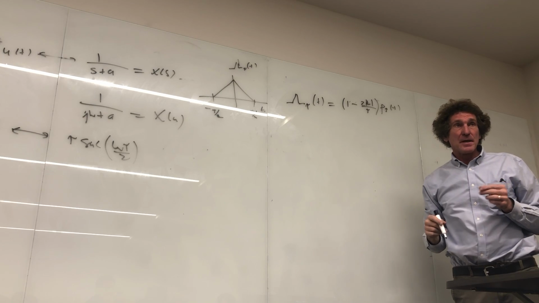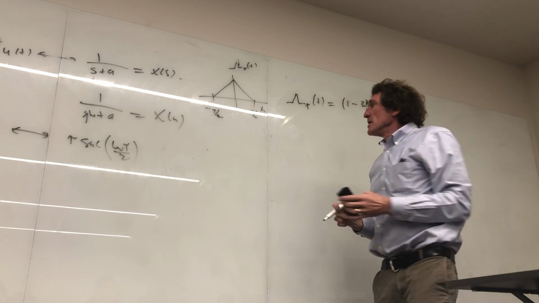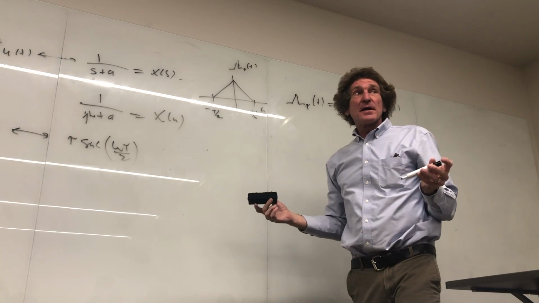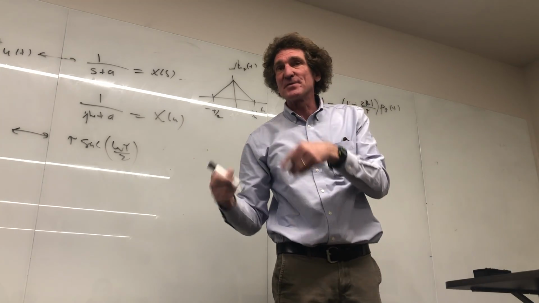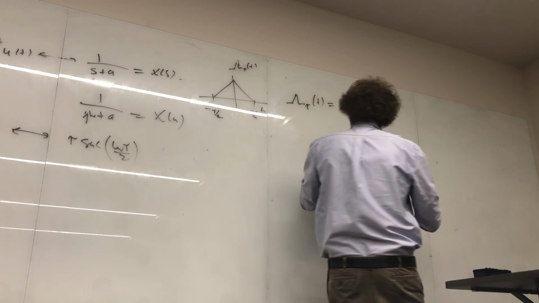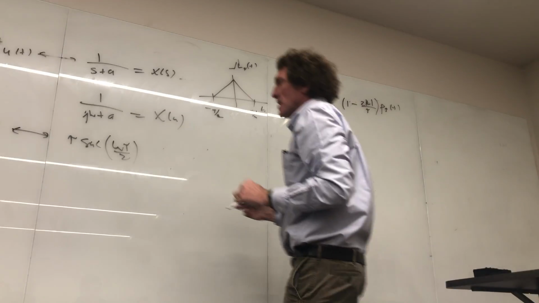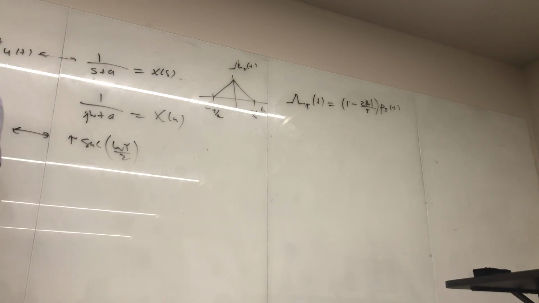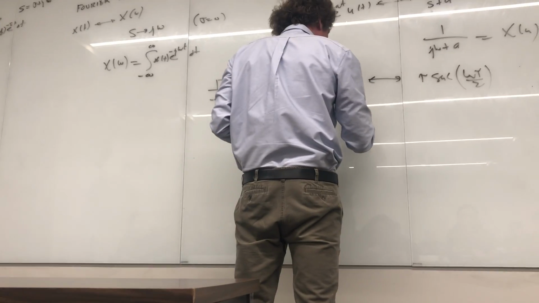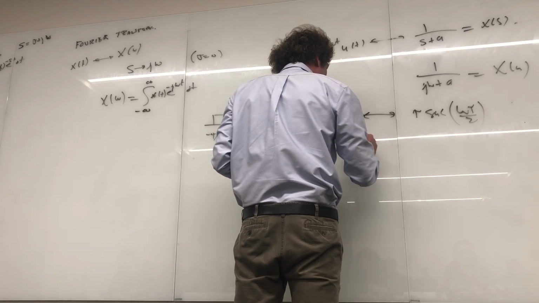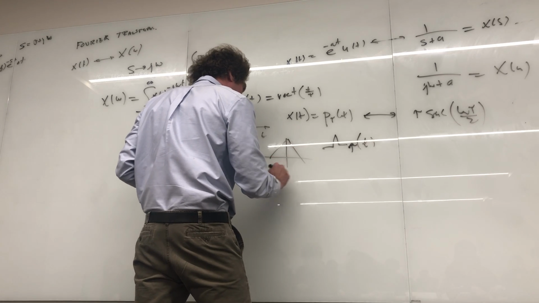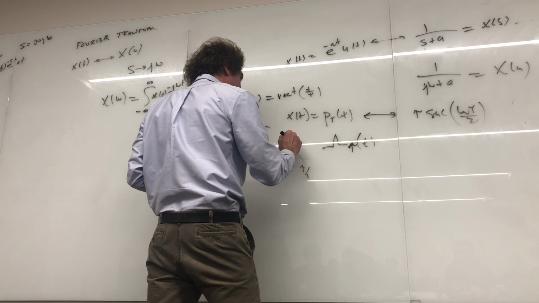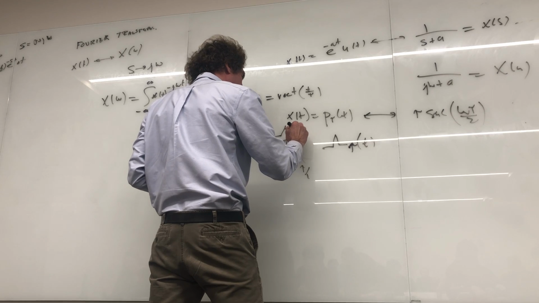Are you with me? Now the triangle function, we're going to go ahead and, am I out of time? I am out of time. I'll give you what the transform is. We'll prove it next time. The transform of the triangle function, let me put it right here. I don't know if they have this clearly shown in the book. They don't, and remember, I try to give you a little picture. This is the triangle function, minus tau over 2 to tau over 2, height 1, and this is its transform.